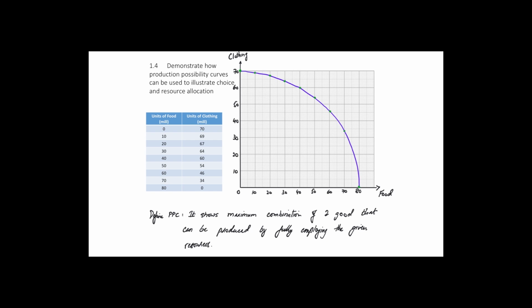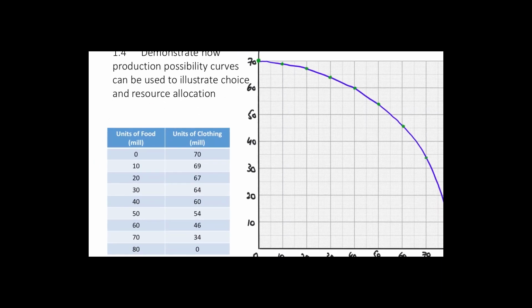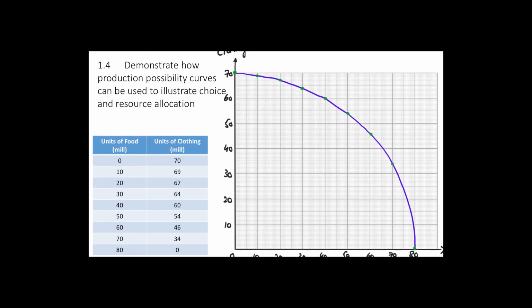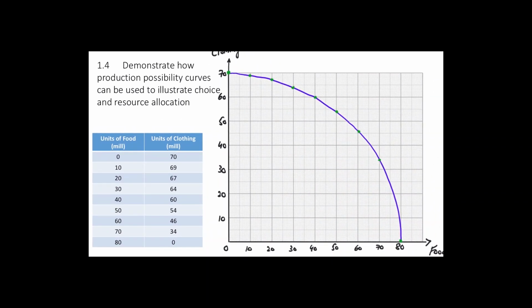Now let's talk about the opportunity cost. The first question is: what is the opportunity cost of increasing production from 0 food to 10 food?